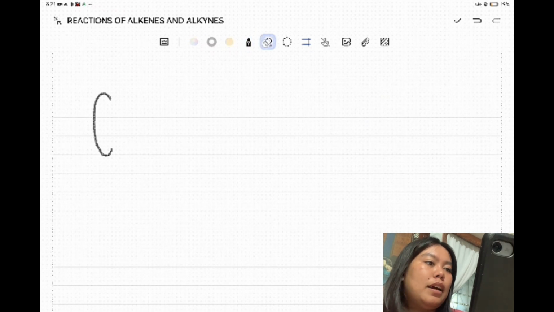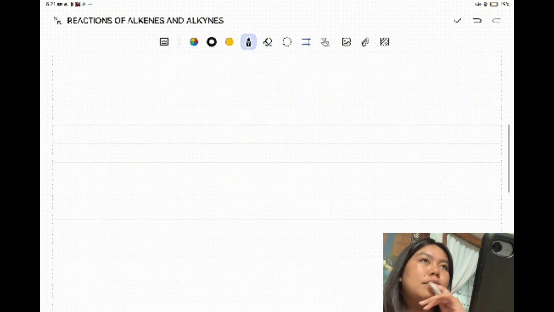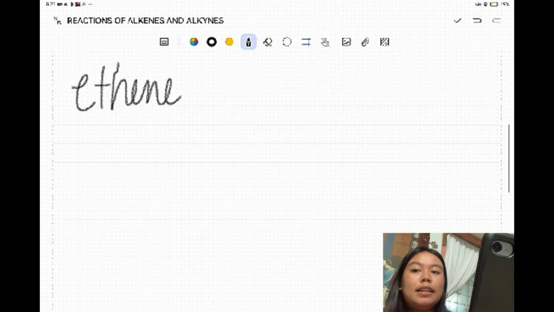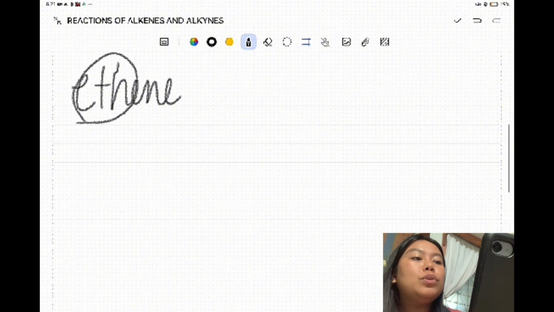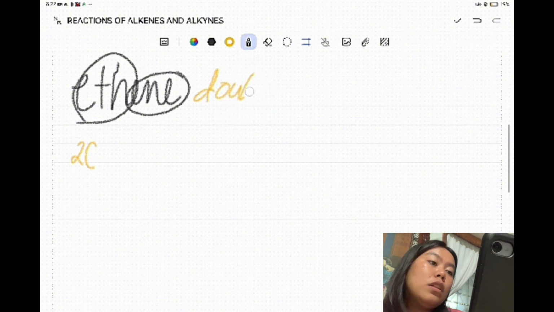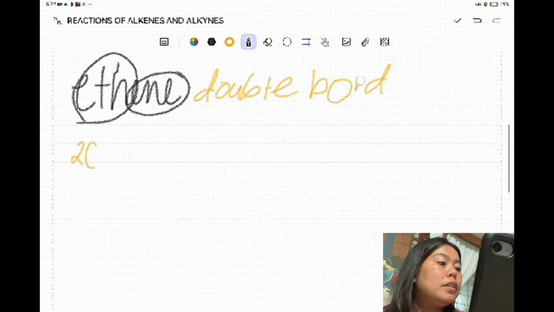Let's give an example right away, with ethene. In ethene, we have two carbons and a double bond.